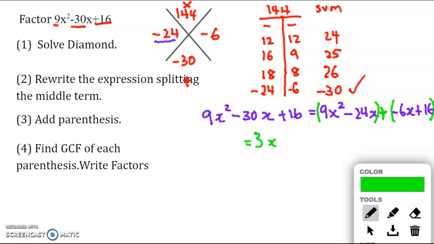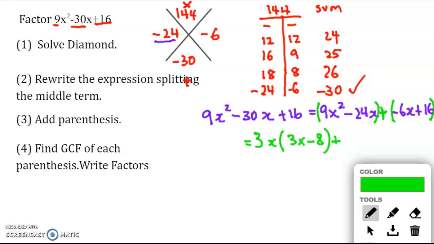So it's going to be 3x that comes out. And 3x times what is 3x squared? That's going to be 3x here, because 3x times 3x is going to be 9x squared. And then 3x times what is negative 24x? That's going to be 3 times negative 8 is negative 24x.